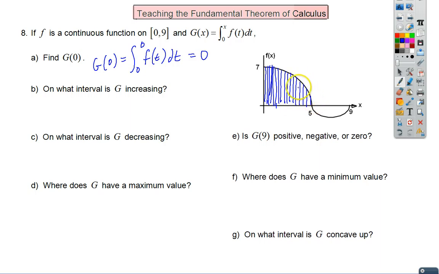I get more and more area up to here. It's all above the x-axis. So at the point where I switch over to below the x-axis is when I start decreasing. So g is increasing on the interval from 0 to 5. And vice versa, I am decreasing when my area is below the x-axis. And therefore, this is when I'm going from 5 to 9.